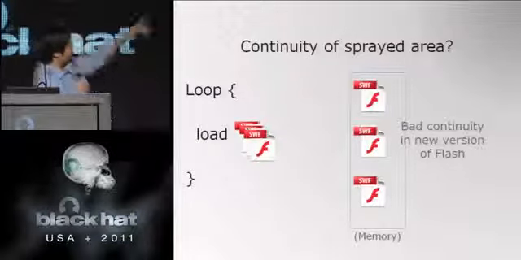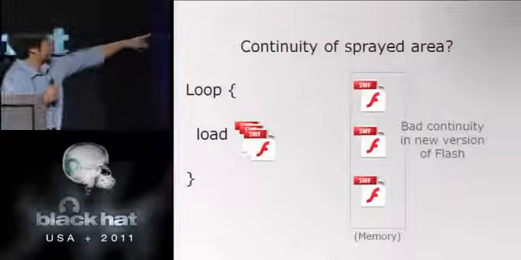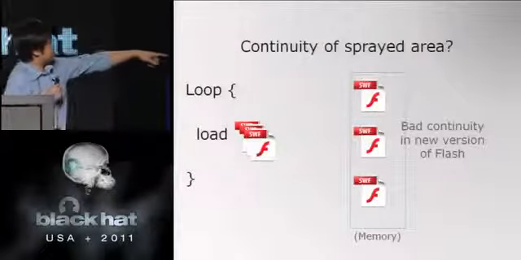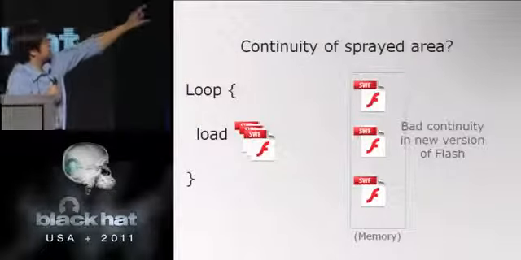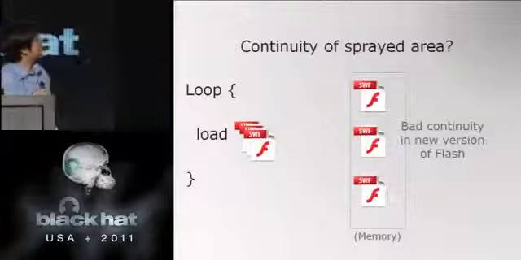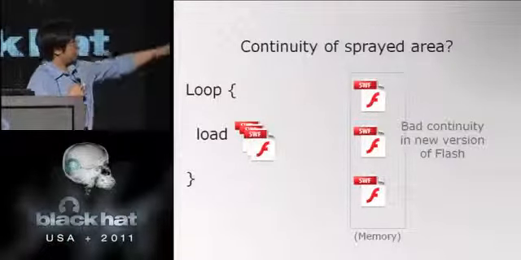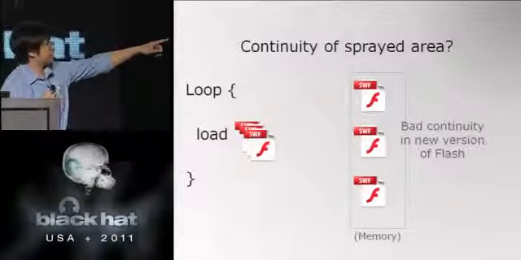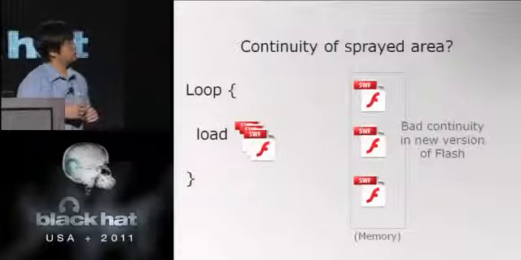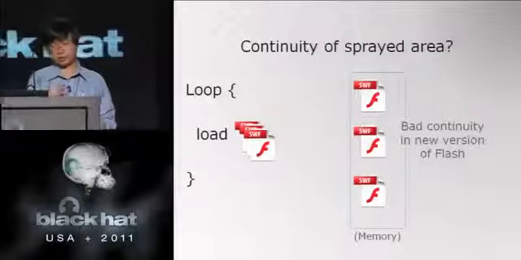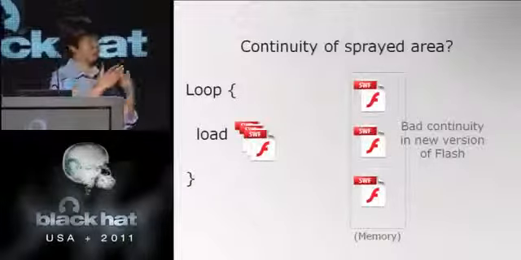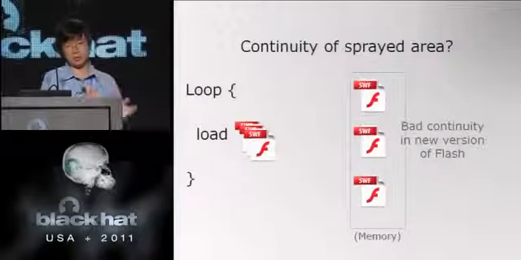Like this, in a loop, it loads the same Flash file, and in memory you will see there are a lot of copies of the file. But in the new version of Flash, there is bad continuity. The copies will be separate, not in the same area.